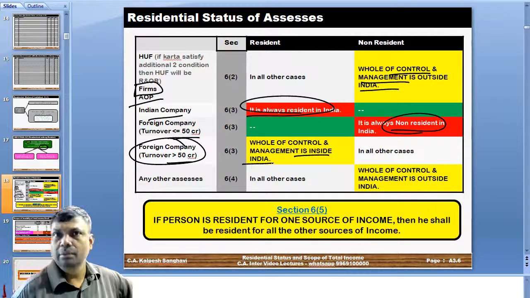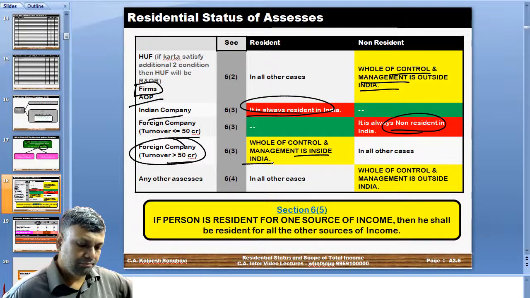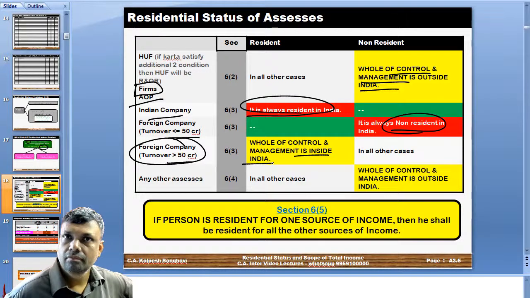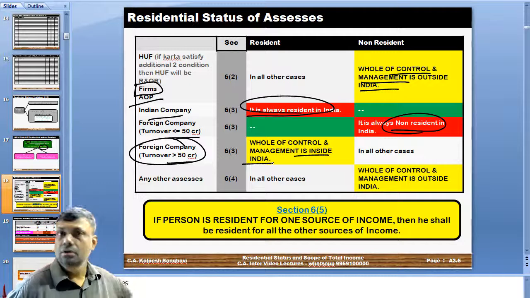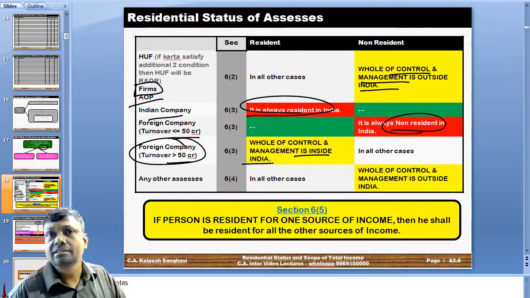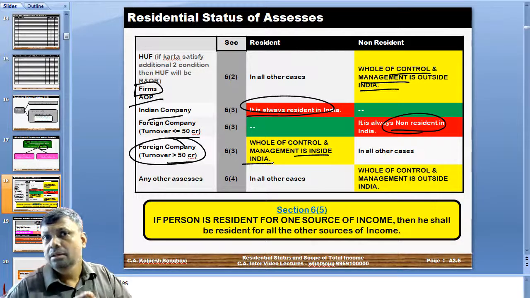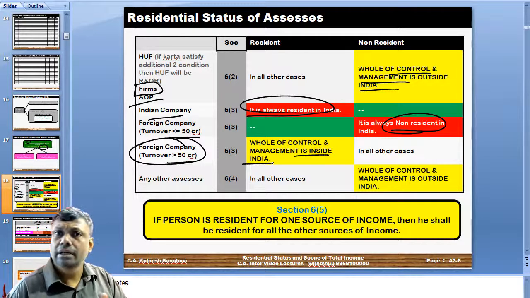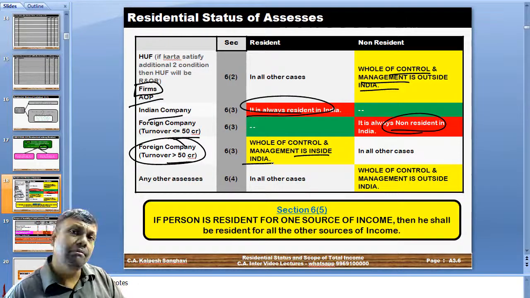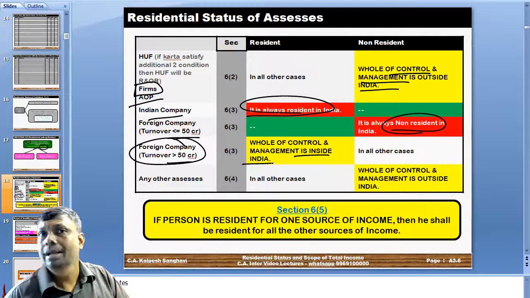If your control is fully from inside India, you will be resident. But if it is even partly from outside India, you will be non-resident. So in most other cases there is a test of control and management, but an Indian company is always resident, and a small foreign company is always non-resident. If it's a bigger foreign company, then we apply the test of control and management.